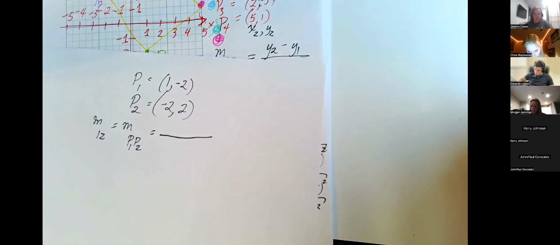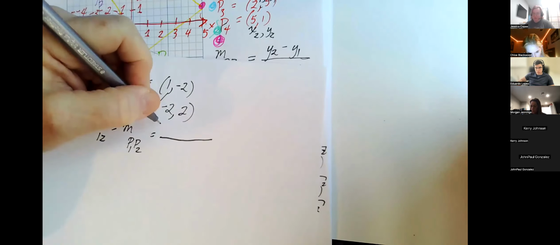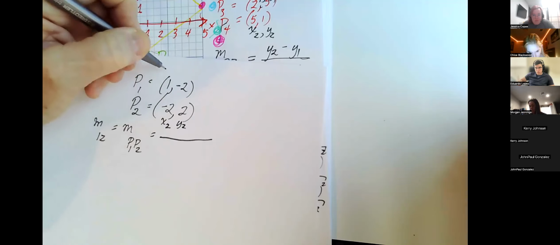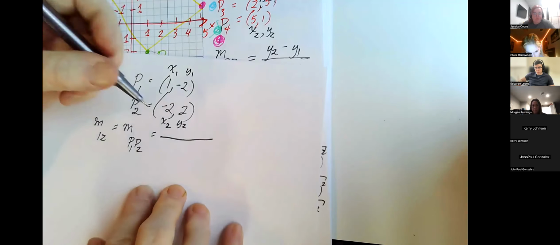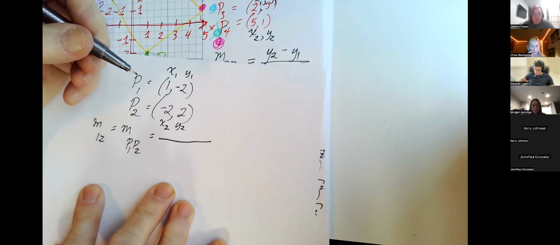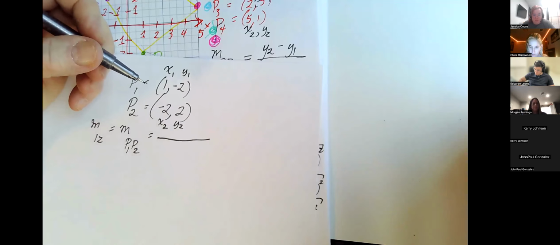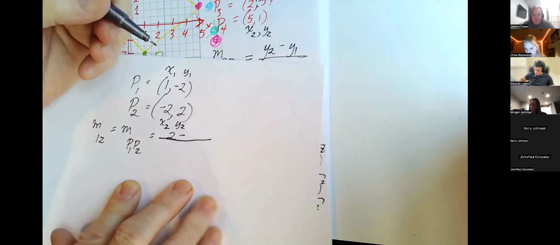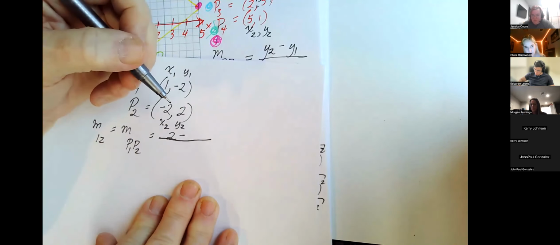Well, let's just let P2 be 2 and P1 be 1. So this is X2, Y2, and P1 is X1, Y1. Okay, and what is Y2? 2. And Y1? Negative 2. What do I have to do? Parentheses. Good.